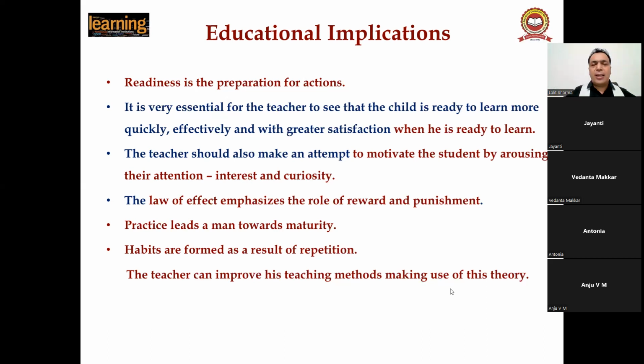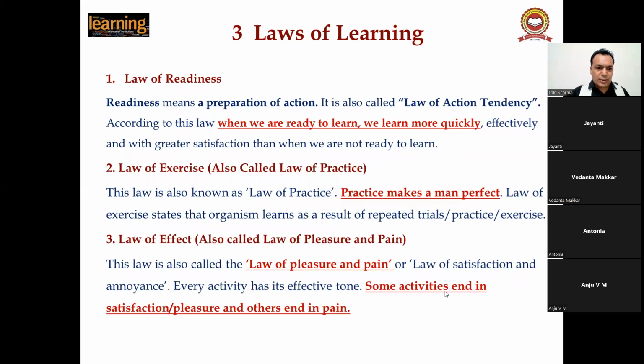So in this theory, we have come to know everything which is in our syllabus. Number one, the theory of learning: who gave this theory and what the different names of that theory are. Number two, one experiment we did, the cat experiment. Third, the three laws of learning: law of readiness, law of exercise, and the last law, the law of effect.